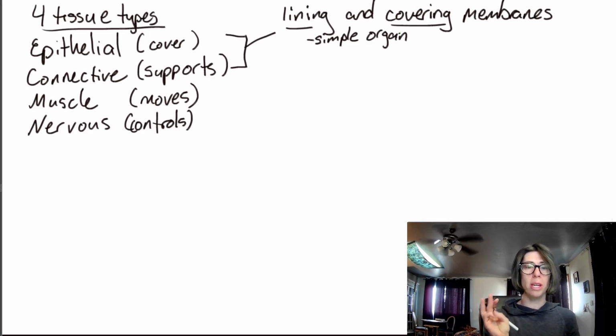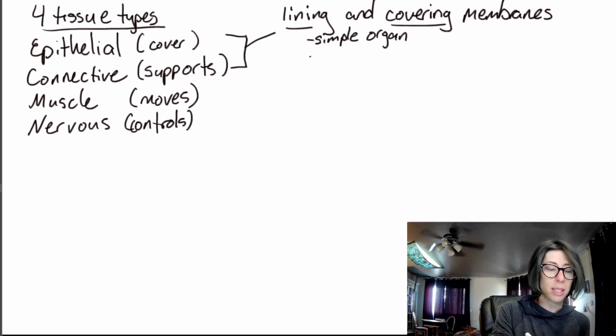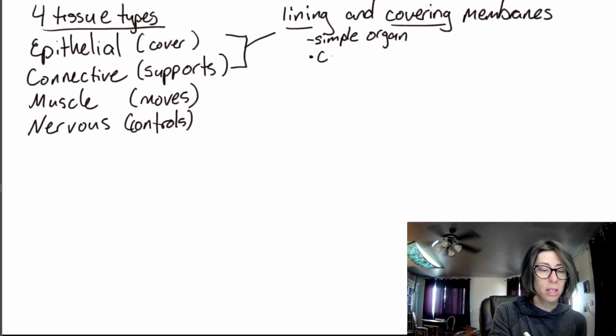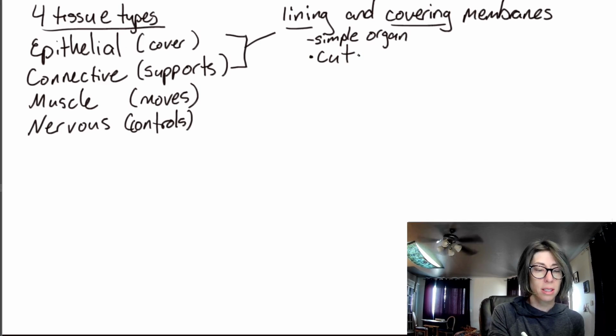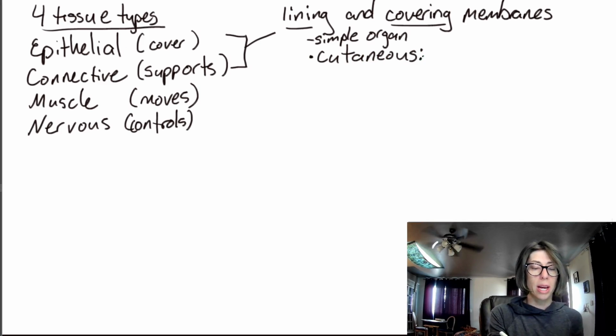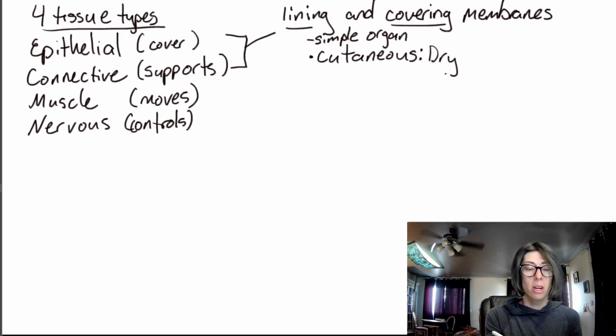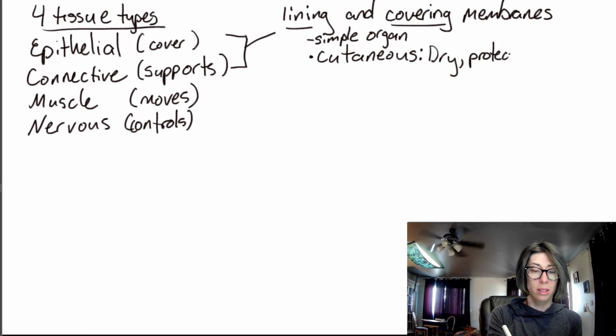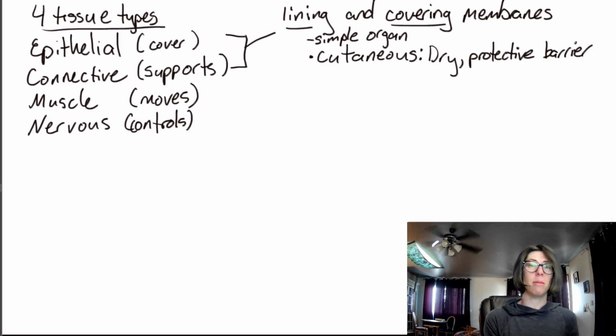So there are three different types of lining and covering membranes. The first is cutaneous. Cutaneous membranes are dry. This is just your skin. So it's dry, and its main function is to be a protective barrier. It separates the inside from the outside of the body.